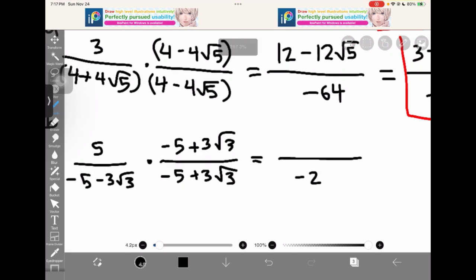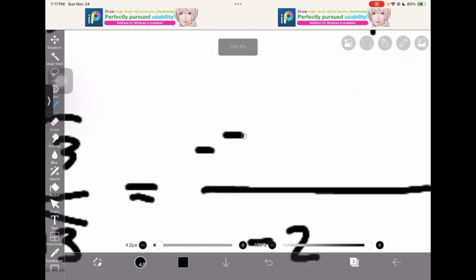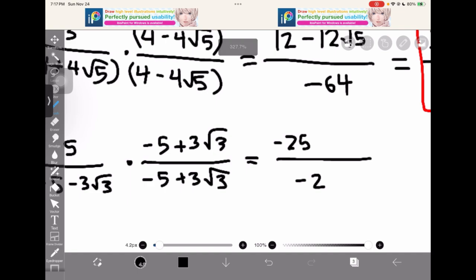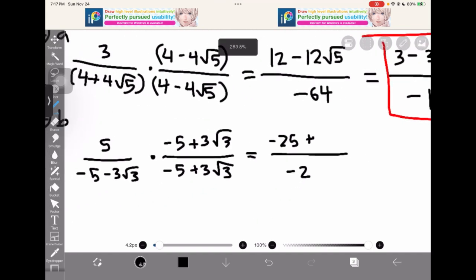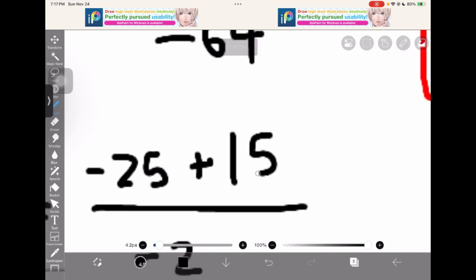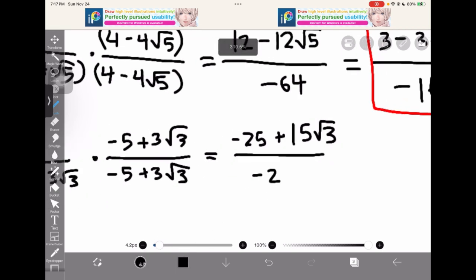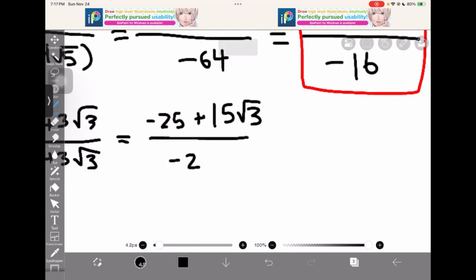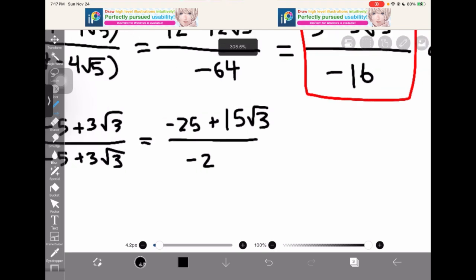Then we go to the top. This becomes negative 25 plus 15 square root of 3. Then we could factor this one out.